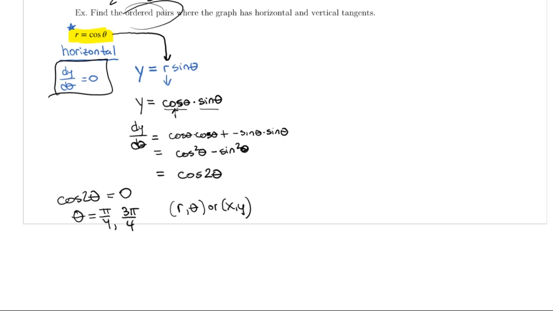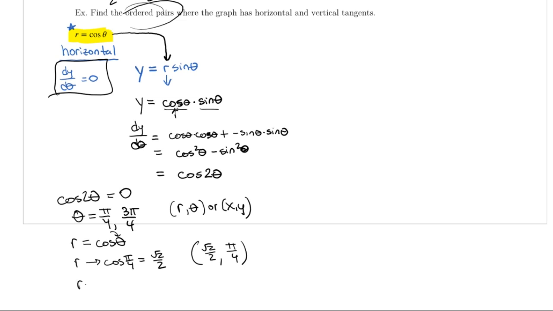Let's do our r and theta, that'll be the easiest. We have theta, so how do we get r? Well, r is equal to cosine theta. So if we plug in pi over 4, r, when we have cosine of pi over 4, is equal to root 2 over 2. So one of those ordered pairs is root 2 over 2, comma pi over 4.